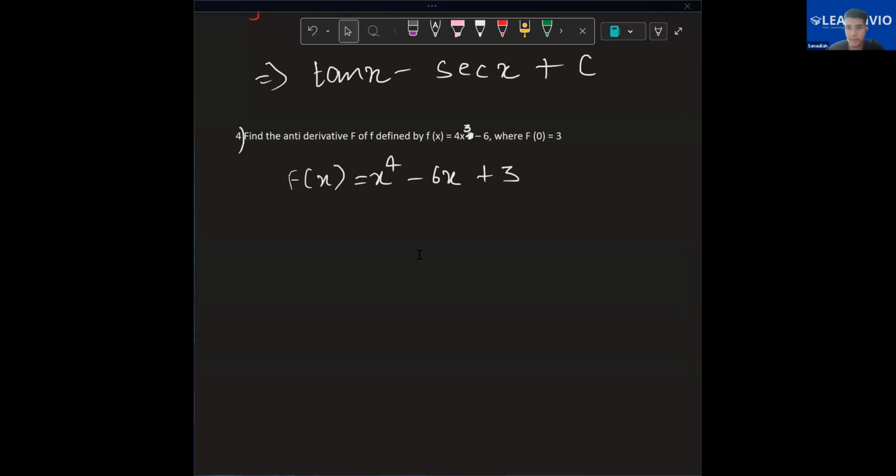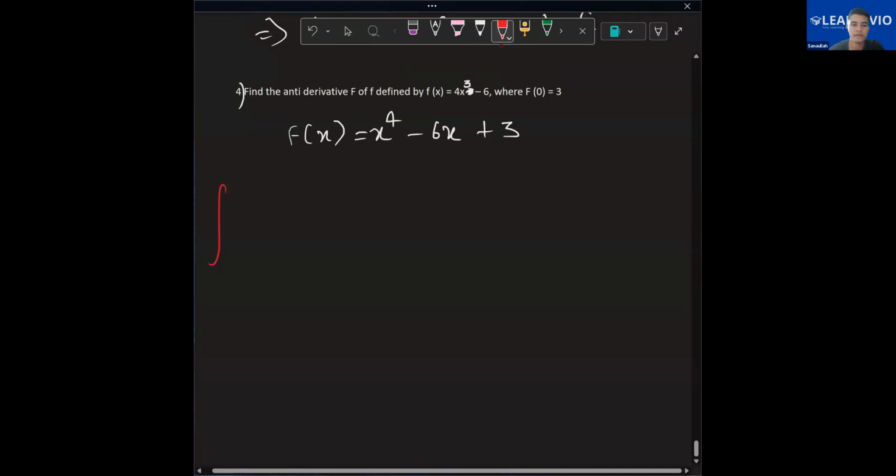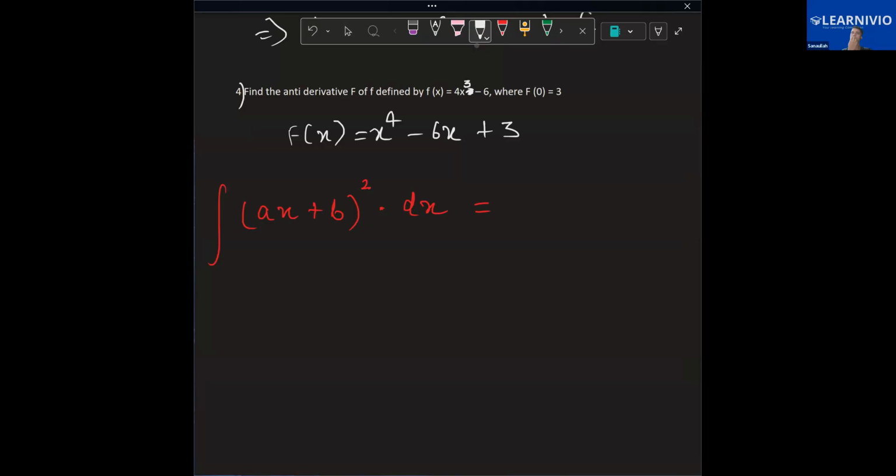Okay, so now the integral of (ax plus b) power 2, dx. What is the answer?